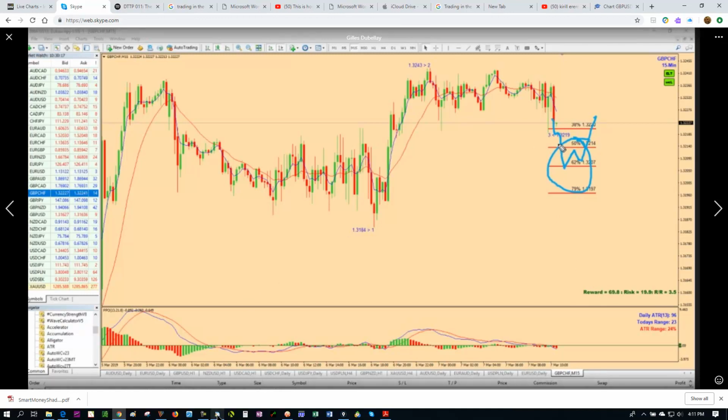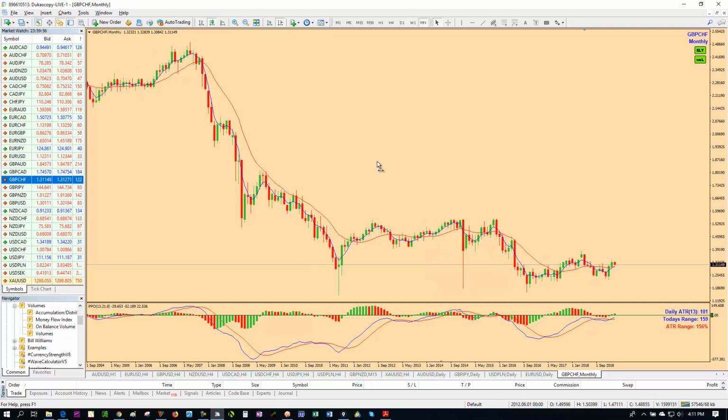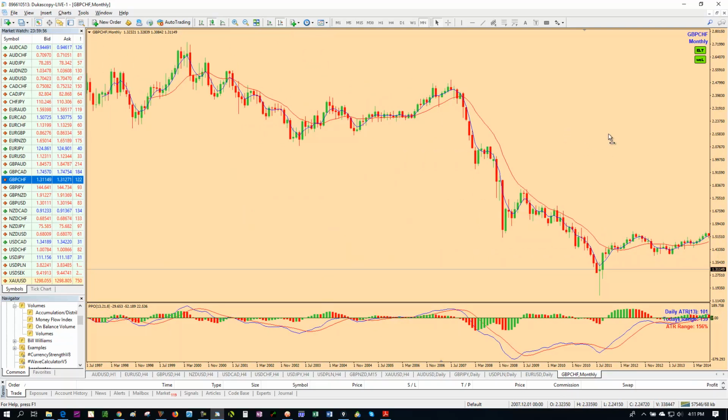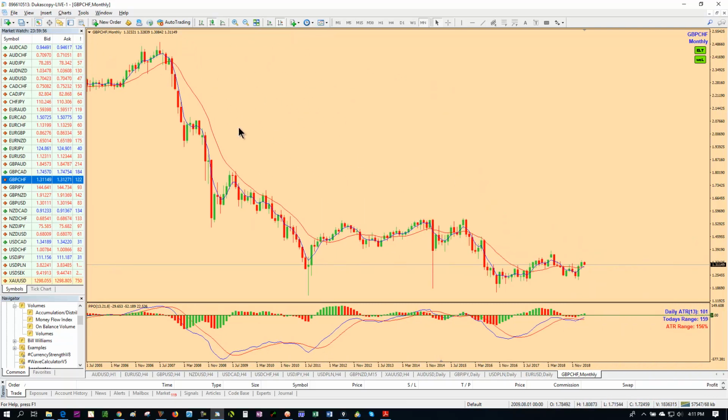Okay, so I'm going to go over to the actual British Pound Swiss chart, and this is on the monthly time frame. I'm going to break it down for you from the monthly down just to show you overall what we were seeing and why we decided to go long at that point on the chart. So this is the entire chart on the monthly. You can see that overall it's been quite a slide down for the British pound against the Swiss.